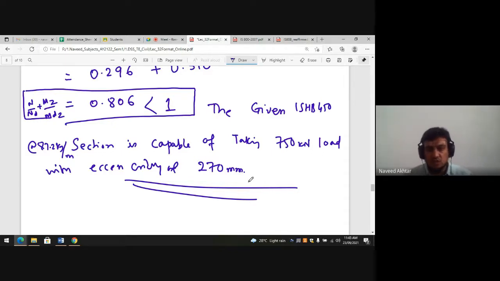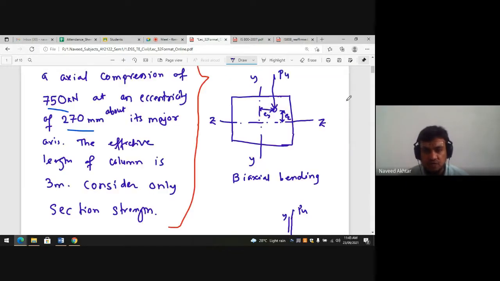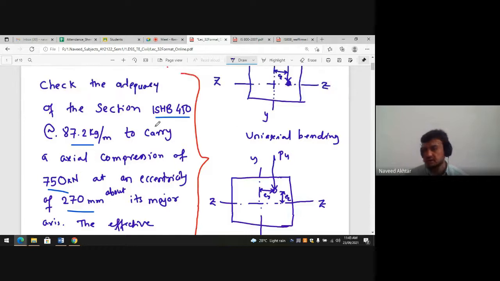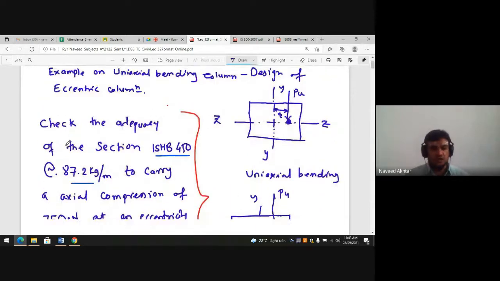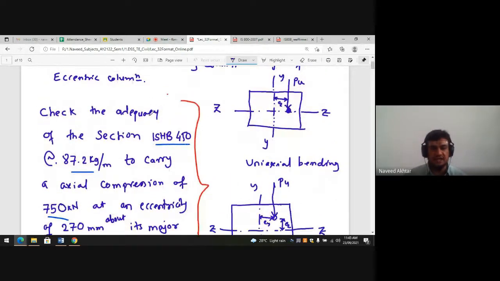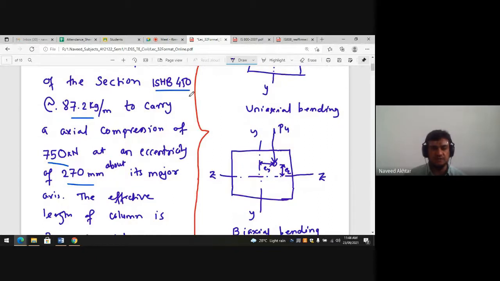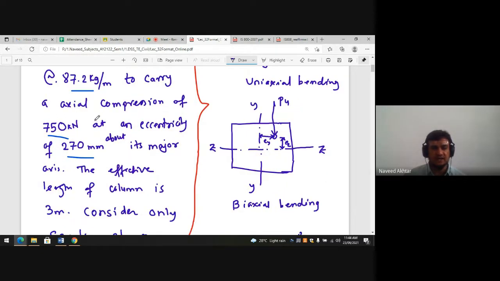Okay. So once again I will repeat the step-by-step procedure so that you can understand properly. This example is given: check the adequacy of the section ISHB 450. The section is given, so we don't need to assume the FCD and selection of section. This step is avoided.